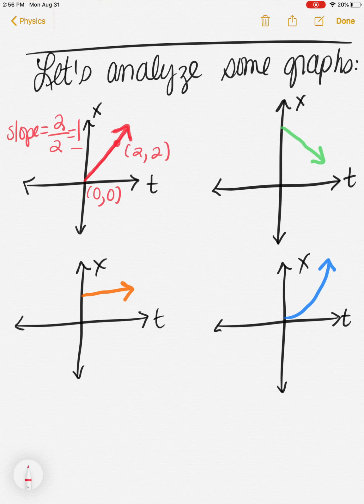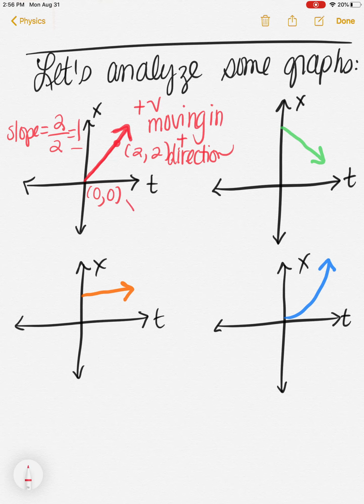So you do have a slope, which means that you are moving, you are changing position. So this would have a positive velocity, and it will be moving in the positive direction then.